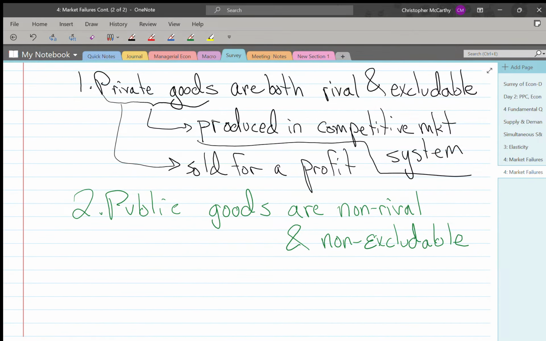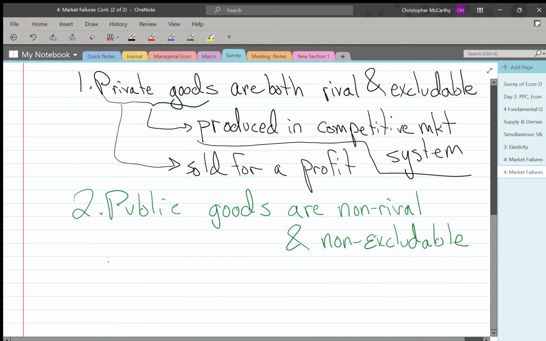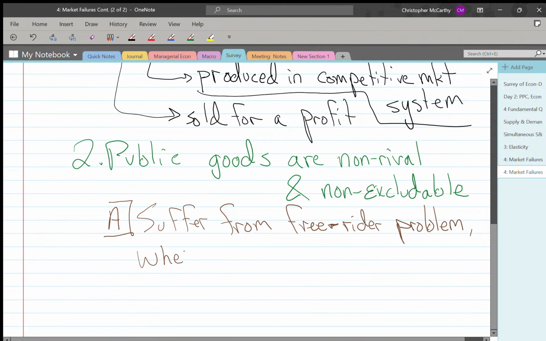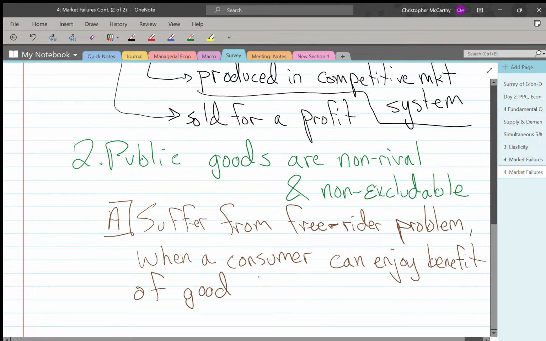Public goods suffer from what's known as the free rider problem, which is just that a consumer can enjoy the benefit of the good without having to pay for it.